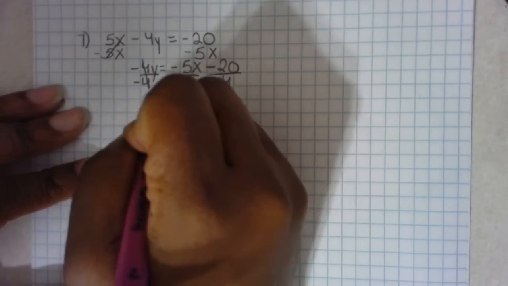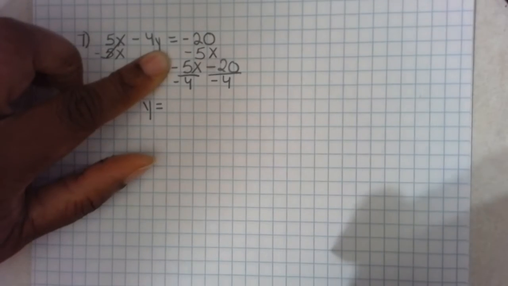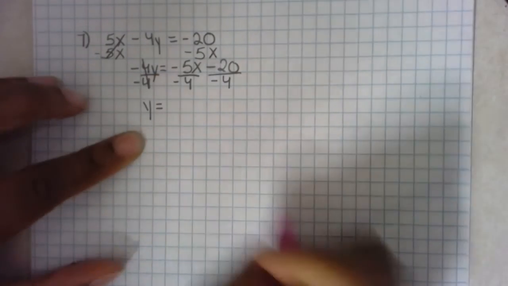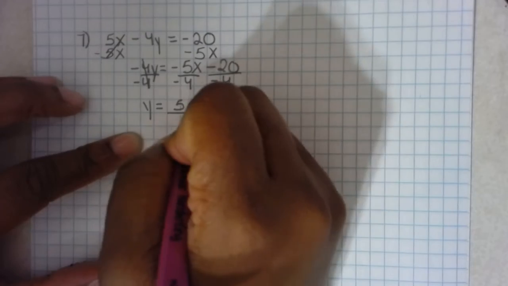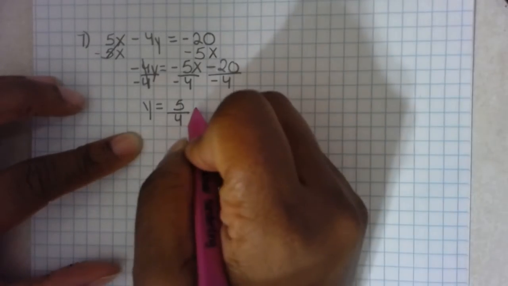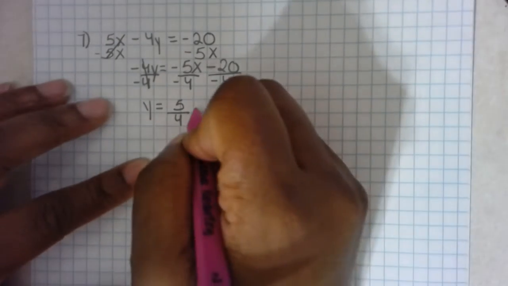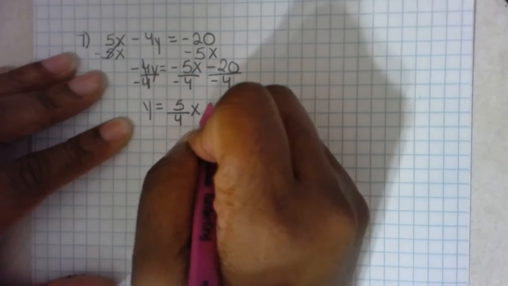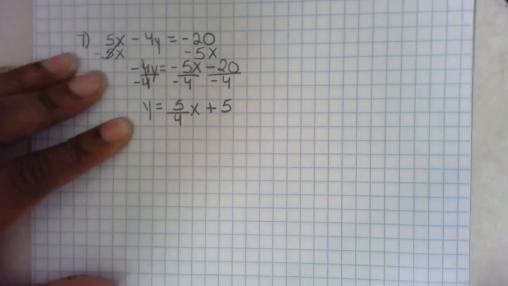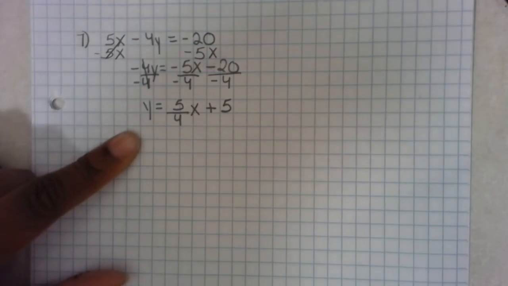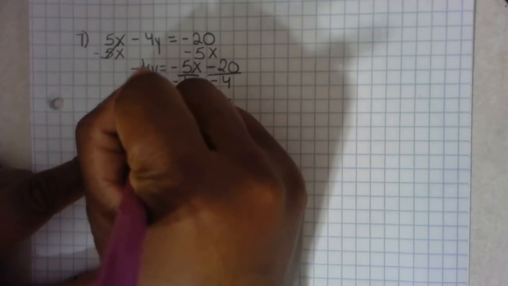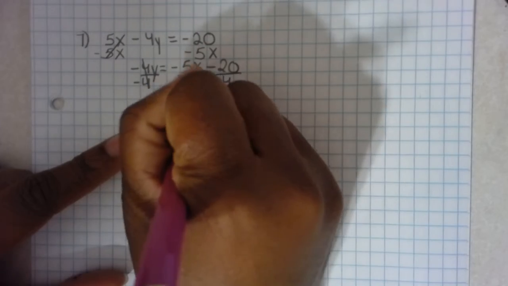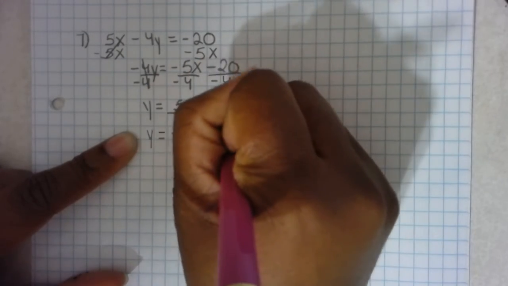I'm left with y equals negative divided by a negative is positive 5/4. Leave it as a fraction so you can have your rise and run. And then negative 20 divided by negative 4 is positive 5. So now I have my y isolated and I can graph in slope-intercept form.